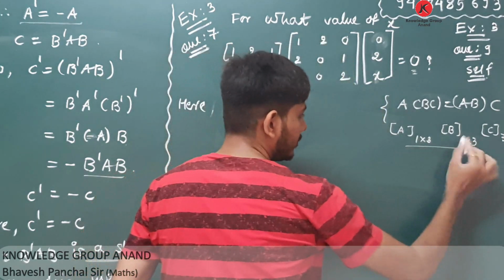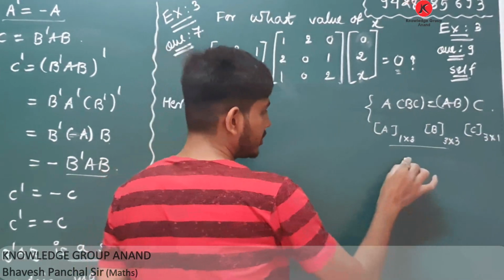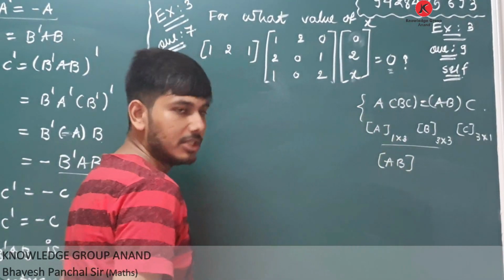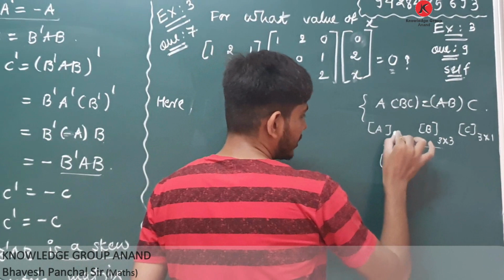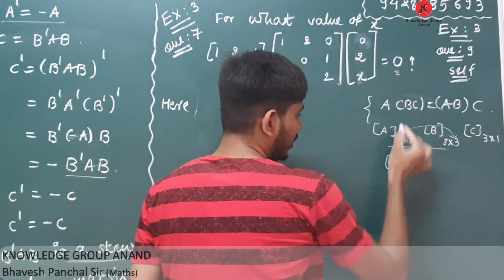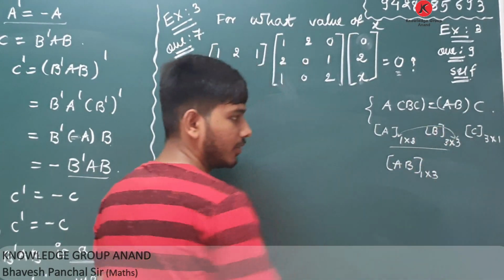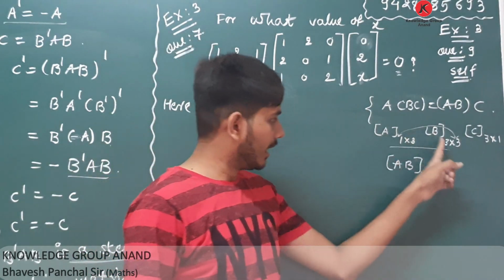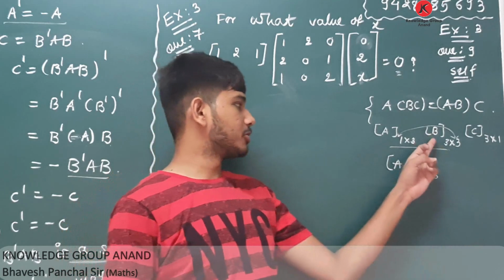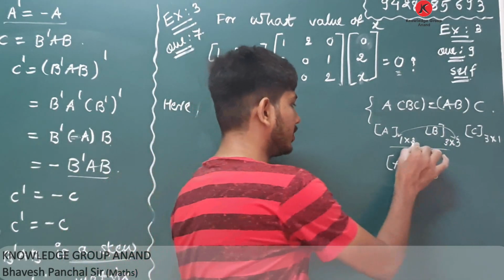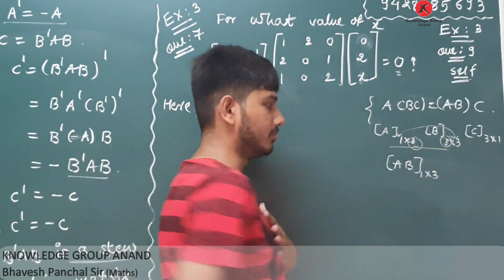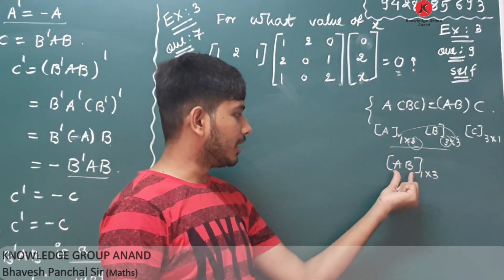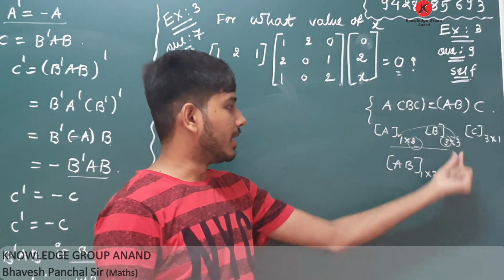First of all, I am doing this multiplication of matrices A and B, which gives us a matrix of order 1 by 3. The calculation is possible because the number of columns of matrix A and the number of rows of matrix B are equal, 3 and 3. Therefore, multiplication is possible, and the order of the obtained matrix AB will be 1 by 3.